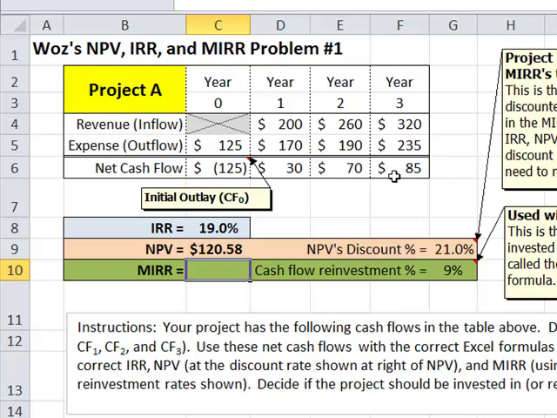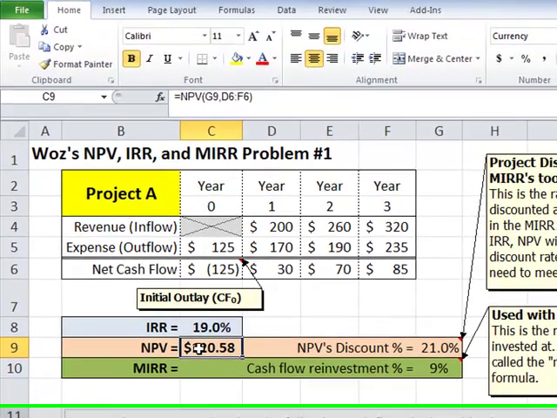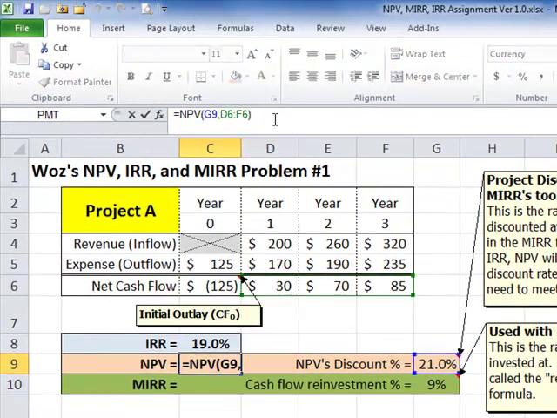Okay. At this point, we have to manually remove the effects of the initial cash flow. So in this case, we have to subtract the 125,000 from this answer here. The easiest way to do this, since the 125,000 is already in negative format, is to actually add it.